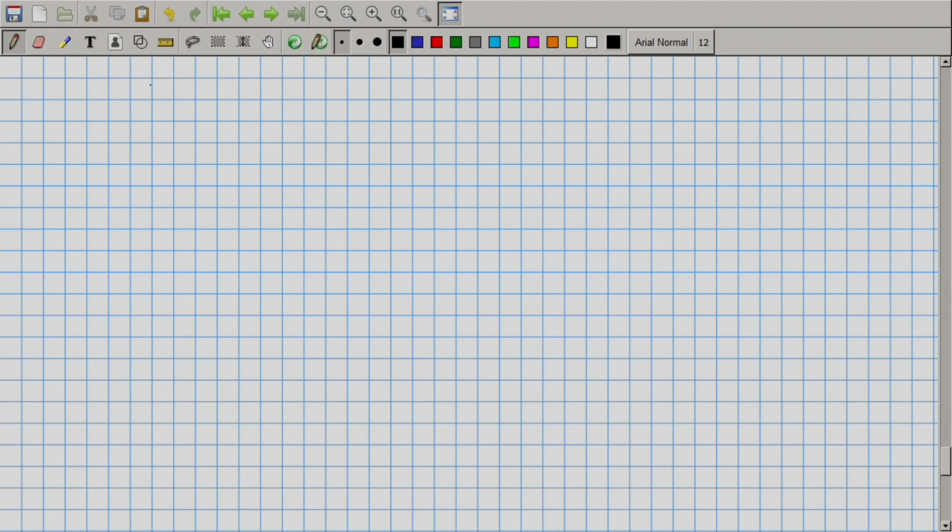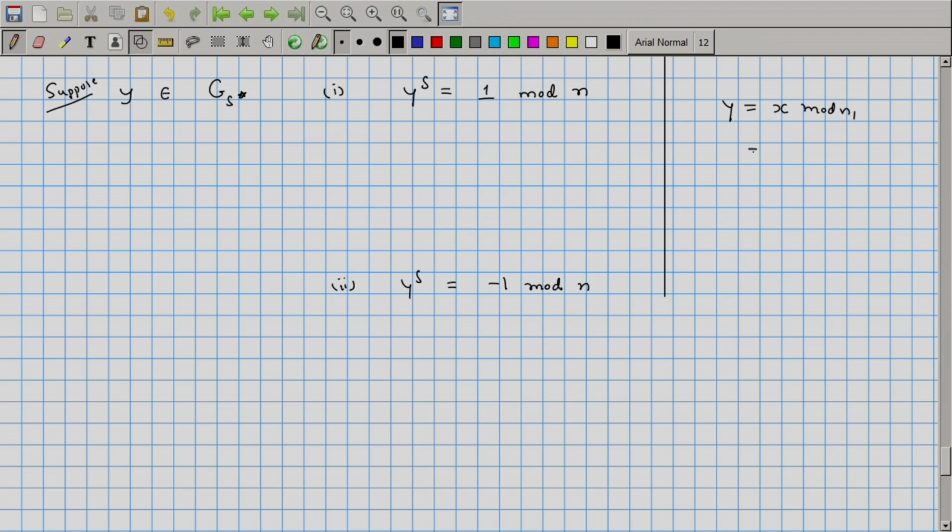Okay. So, once again, suppose y belongs to GS star, there are two cases. So, case 1, y raised to s is equal to 1 mod n, okay, and case 2 would be y raised to s will be minus 1 mod n. But our y had the following properties, y is equal to x mod n1 and it is equal to 1 mod n2.